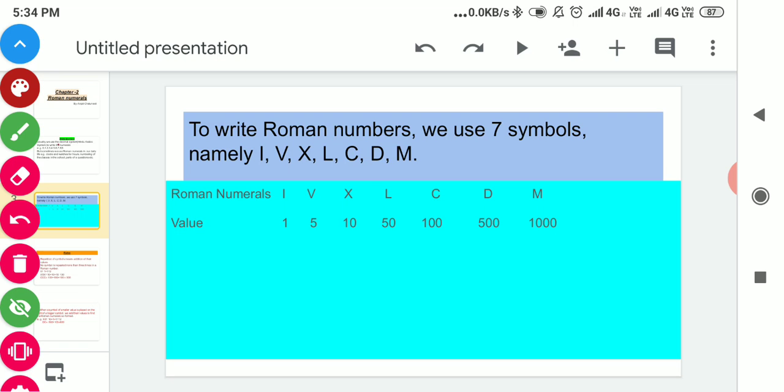You can see this I denotes 1, this V denotes 5, this X denotes 10, this L denotes 50, this C denotes 100, this D denotes 500 and this M denotes 1000. So with the help of these 7 symbols we can write any Hindu Arabic numerals.